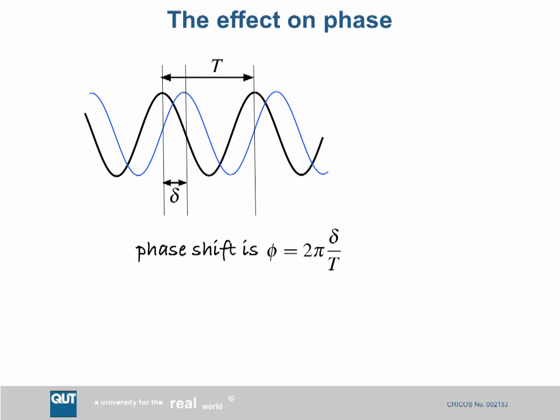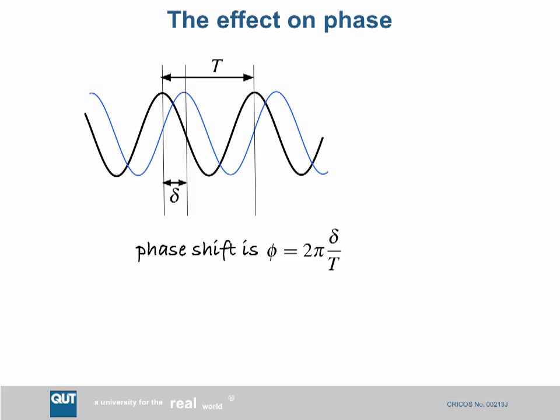So this makes some sense. If the delay is equal to 0, then the two signals will be in phase, the phase shift is 0, right? If the delay is equal to T, i.e. it's shifted by a whole period, then we could say the phase shift was equal to 2 pi, also equal to 0, right? Because you wouldn't be able to tell any difference.